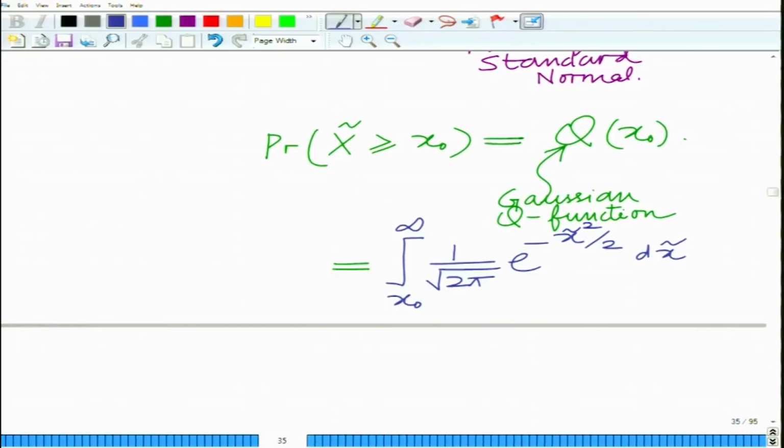That is also equal to the probability that x tilde belongs to the interval x naught comma infinity. Okay. Basically what we are asking is, what is the probability that x tilde, the standard normal random variable, takes a value greater than or equal to x naught, or that it lies in the interval x naught to infinity.